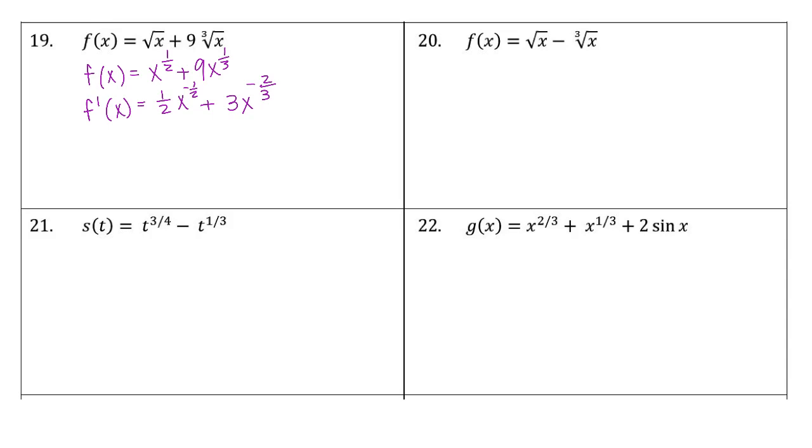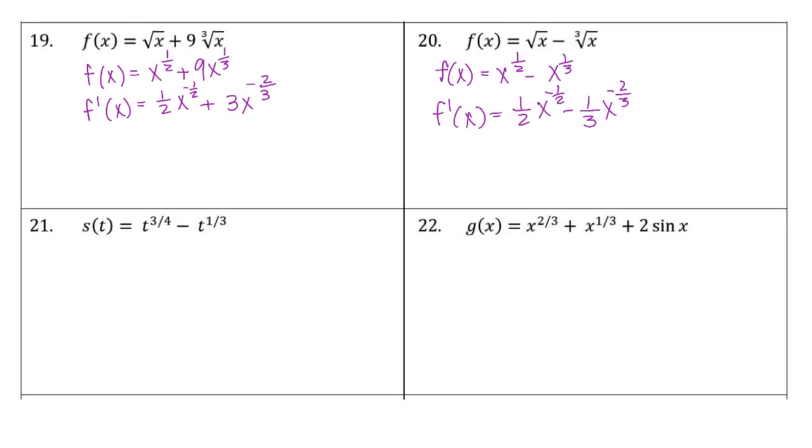Number 20, more of the same. So we have f of x equals x to the 1/2 minus x to the 1/3. And so f prime at x is going to be 1/2 x to the negative 1/2 minus 1/3 x to the negative 2/3.